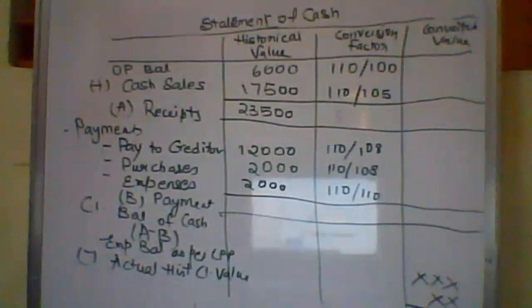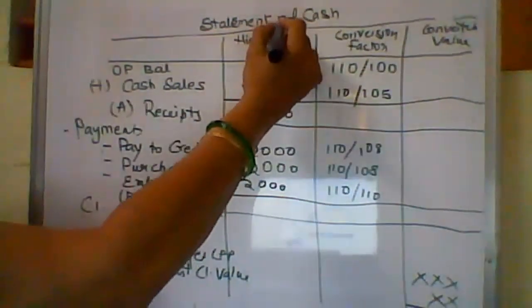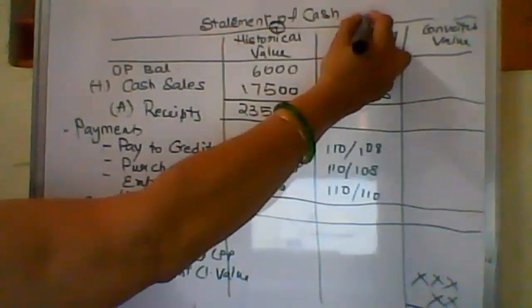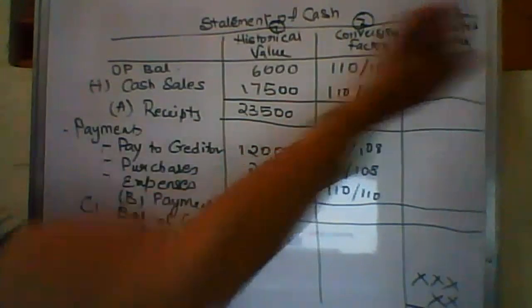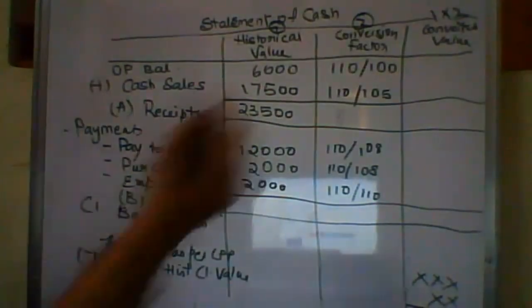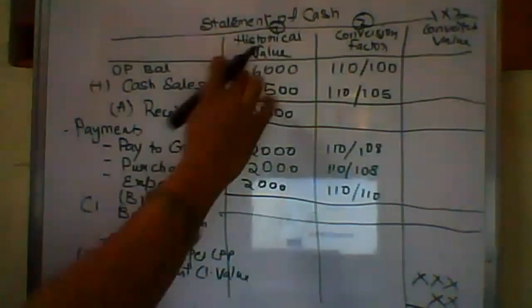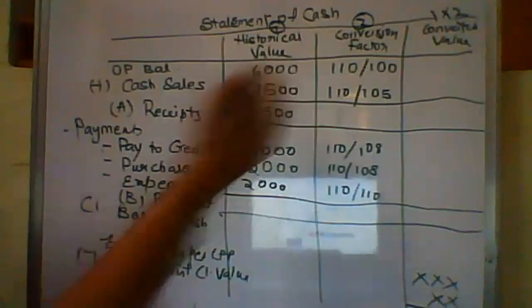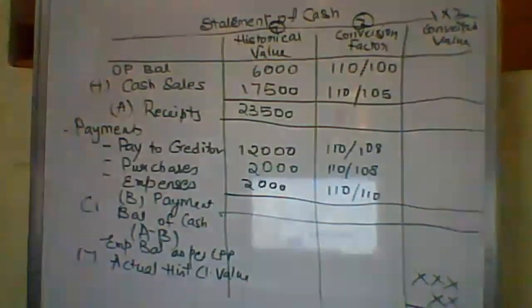Now your converted values are nothing else but your historical values into the conversion factor. So the first amount is 6,000 into 110 divided by 100.